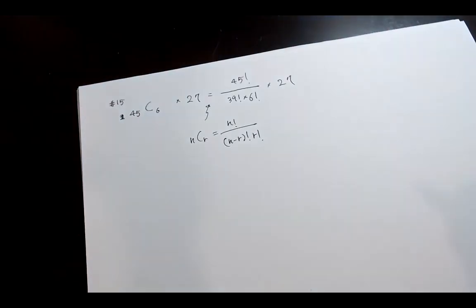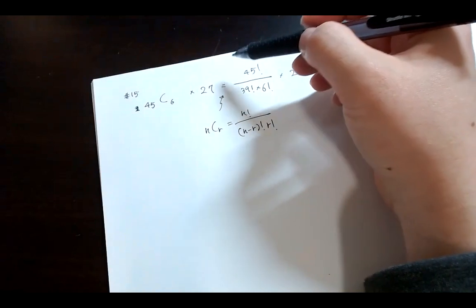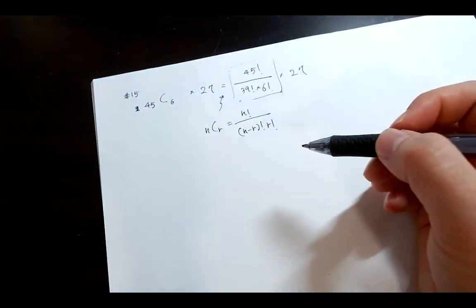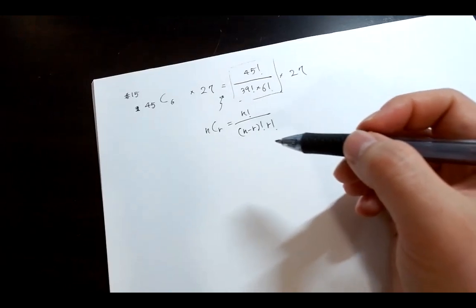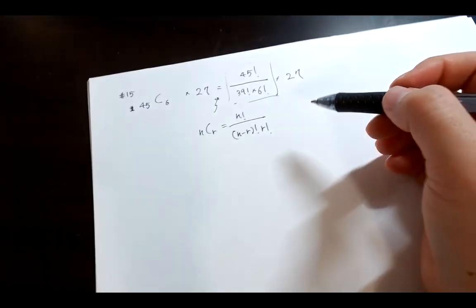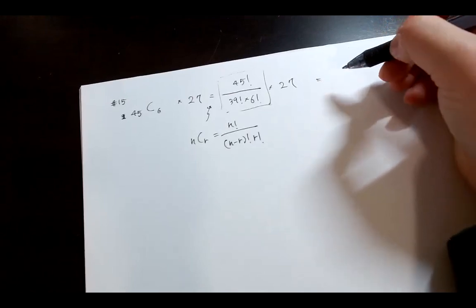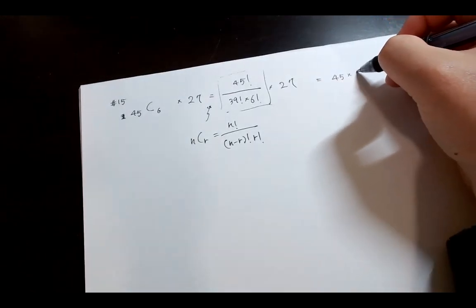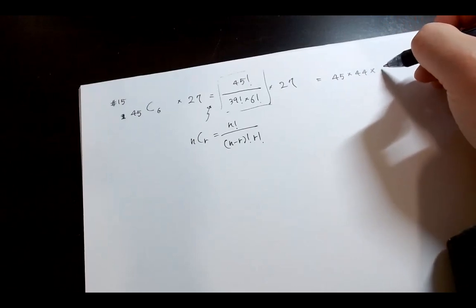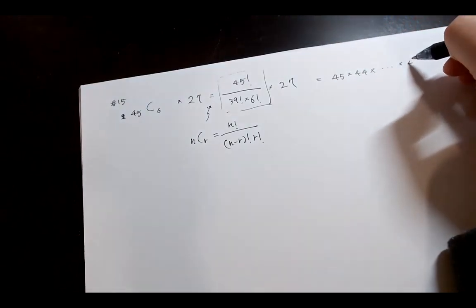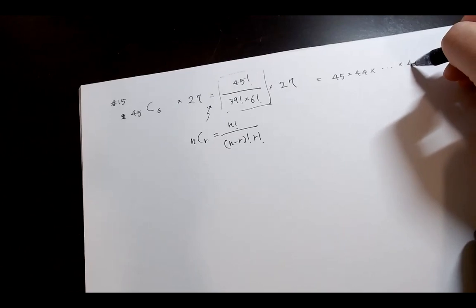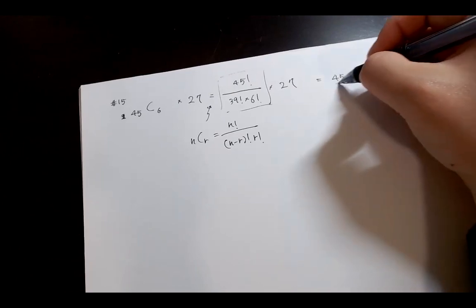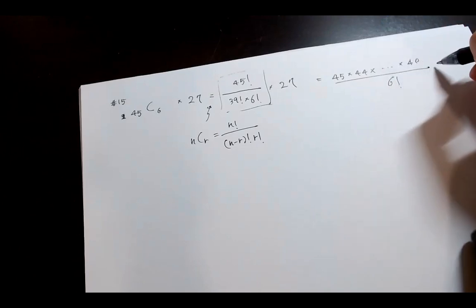So what does that mean? This is nothing but 45 times 44 times and so on, divided by 6 factorial times 27.